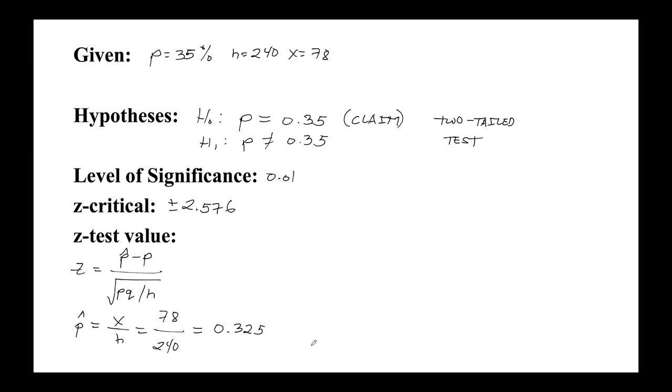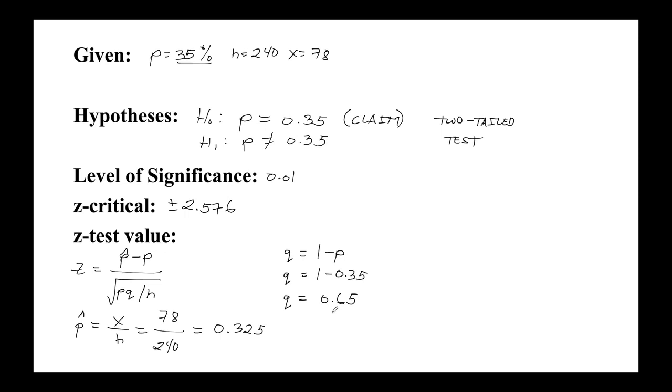And our Q value, since wala pa rin siya, let's solve na rin ang Q. Again, that is 1 minus P. And our P is 35% or 0.35. Therefore, our Q will be 0.65. Okay, so everything now is given.